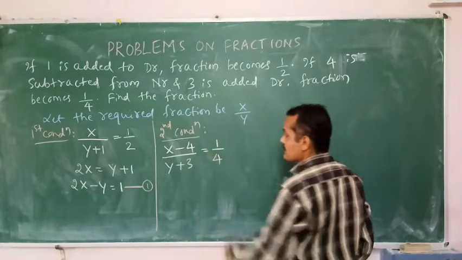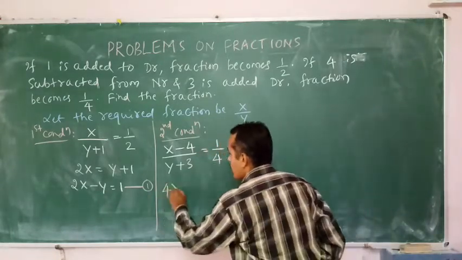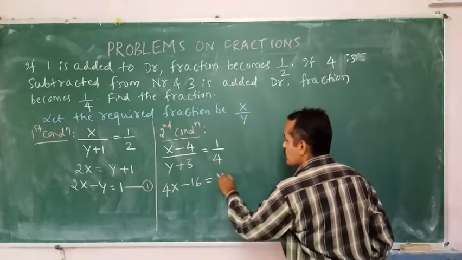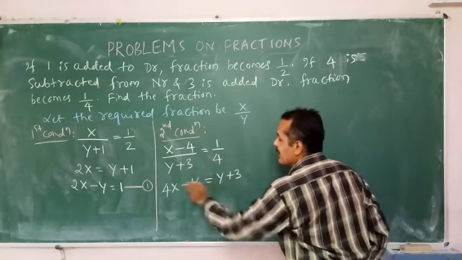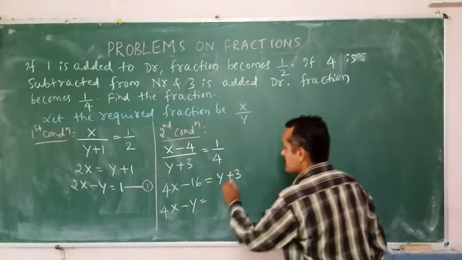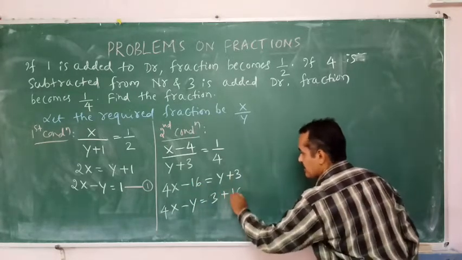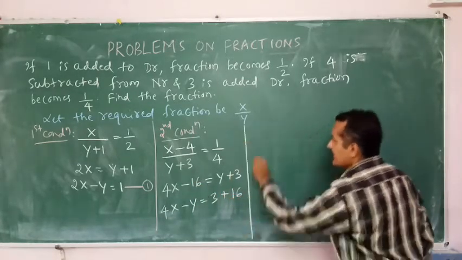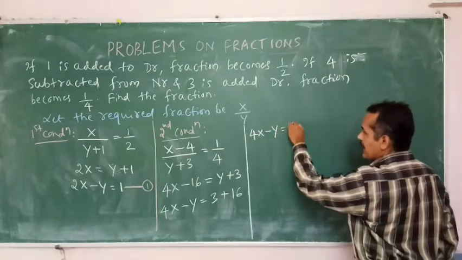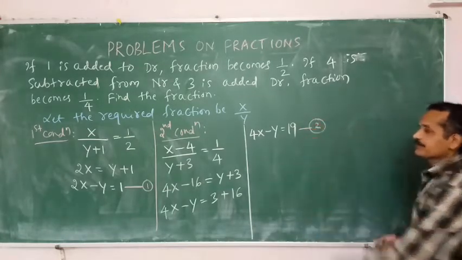Cross multiply. 4x minus 16 is equal to y plus 3. Take that y to the LHS. 4x minus y is equal to 3 plus 16. So you are getting 4x minus y is equal to 19. This is my equation number 2.